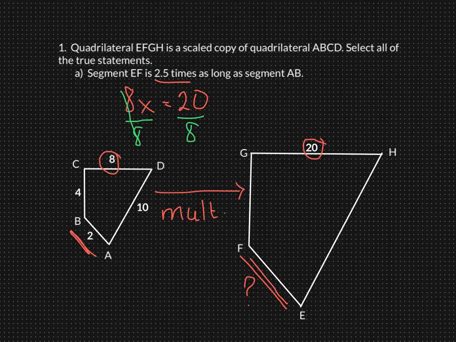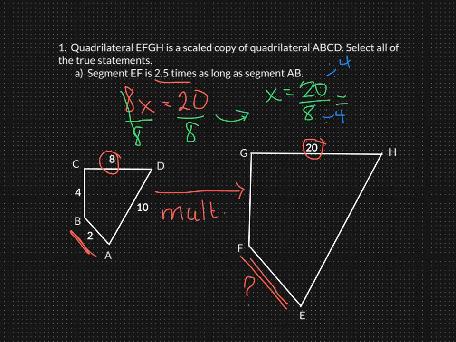These two cancel, so I'm left with x equals 20 over 8. It's a fraction, so I have to figure out what the gazinta they share is. The gazinta they share is 4, so I would divide both the top and bottom by 4.